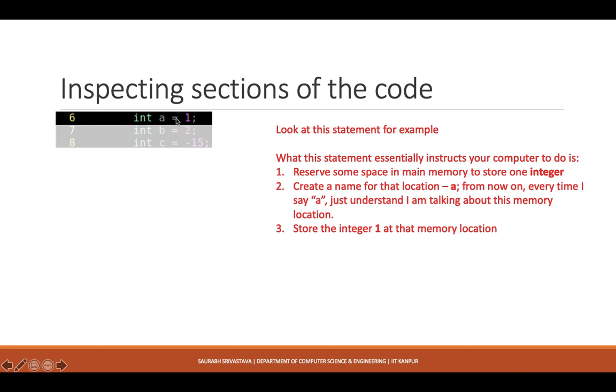And this equal to 1 part means go and store the value 1 at that particular memory location. So when GCC translates this statement into code that your system can understand, this is basically what will be translated. Somehow it will translate it to say all these things.